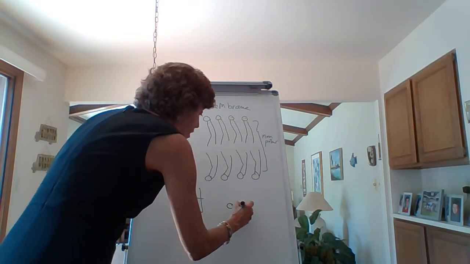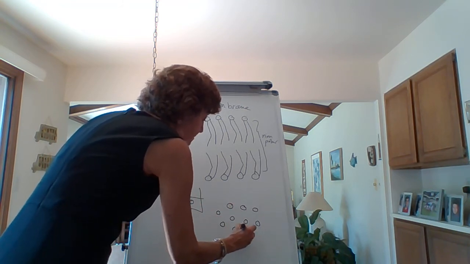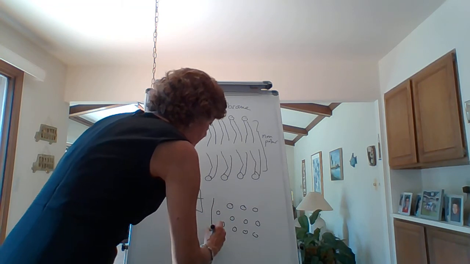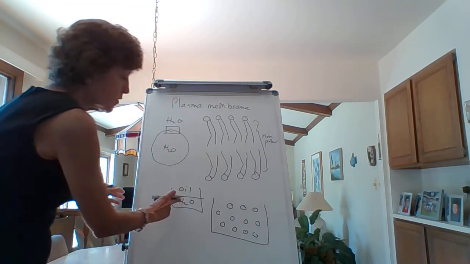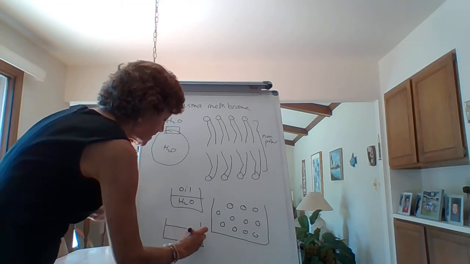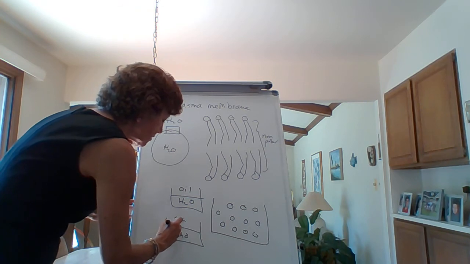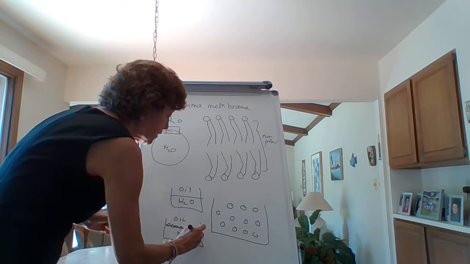Well, your oil droplets start to form an emulsion in the water. It won't actually look that perfect. You'll still have water on the bottom and you'll still have oil on the top, but your emulsion will start to form right over here.